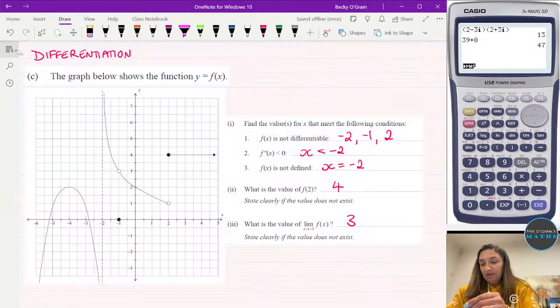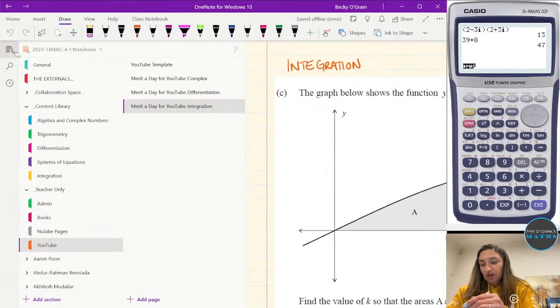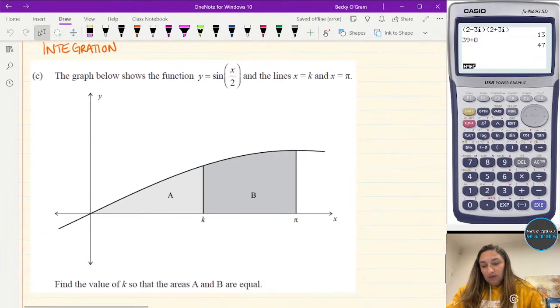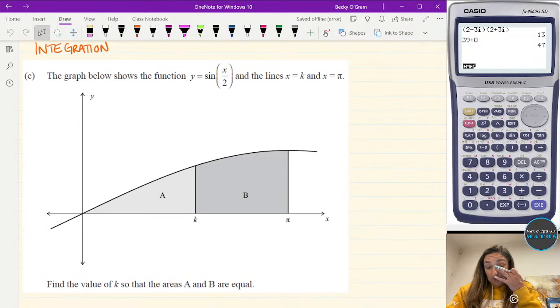Right, let's see if we can get to the integration. Here we go. Right, here's our integration one. We've got a function of sine is x over 2. The lines x equals k and x equals pi are marked on here.